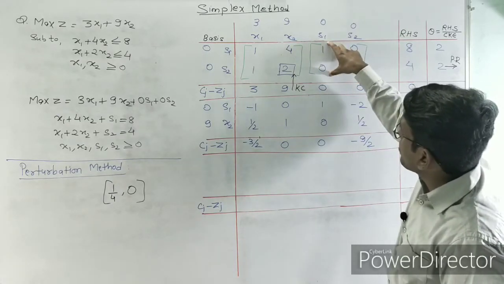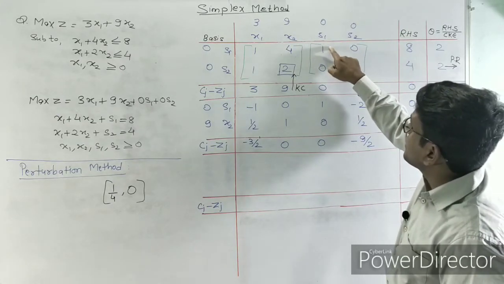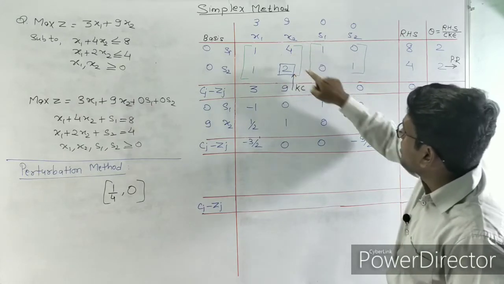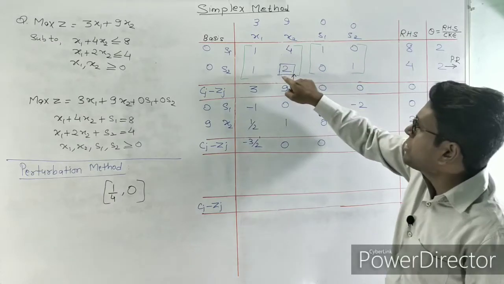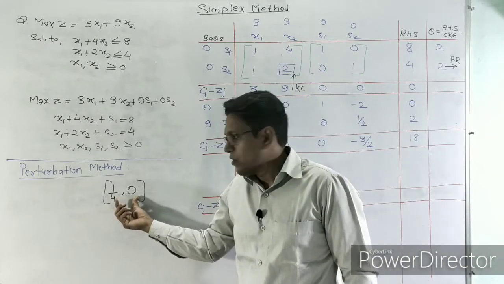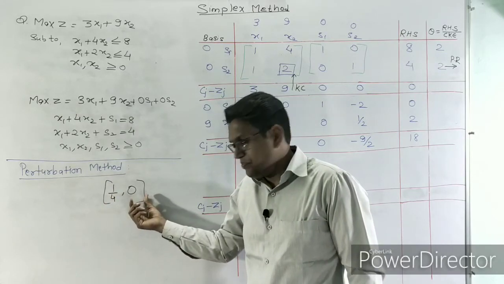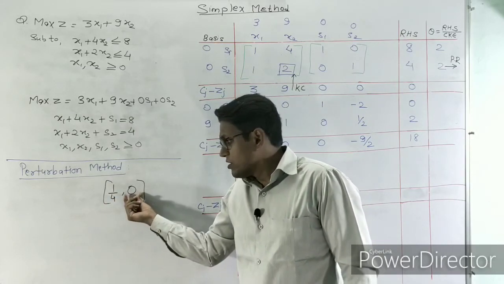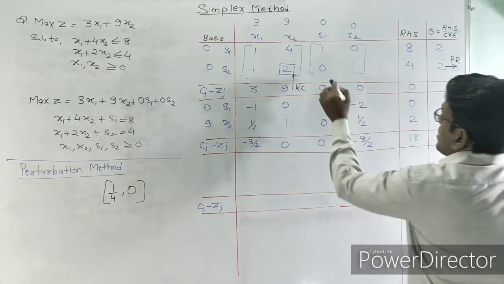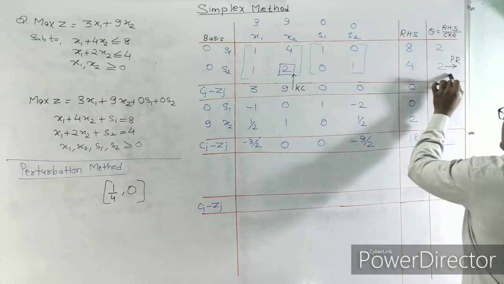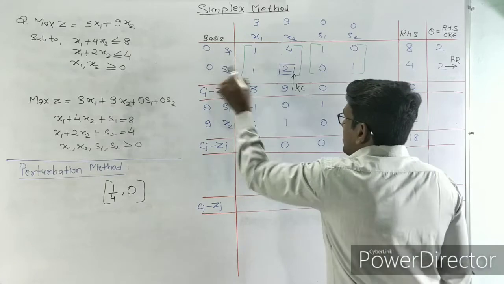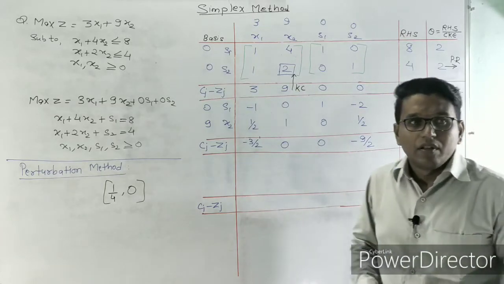For the first column, the ratio is 1 divided by 4 for one row, and 0 divided by 2 for the other, and among these, 0 is the least value. So I will select the value 0, and we will select S2 as our leaving variable. Clear?